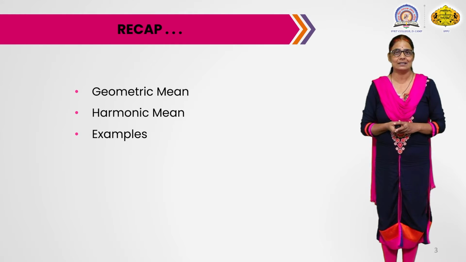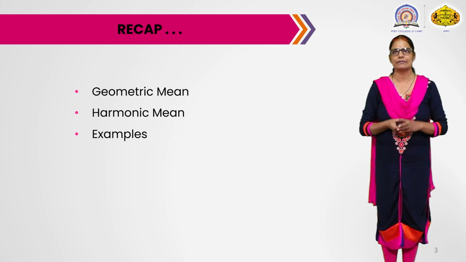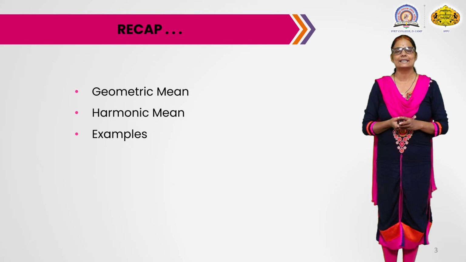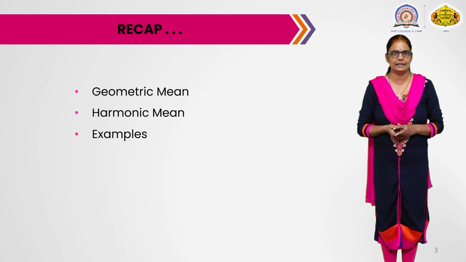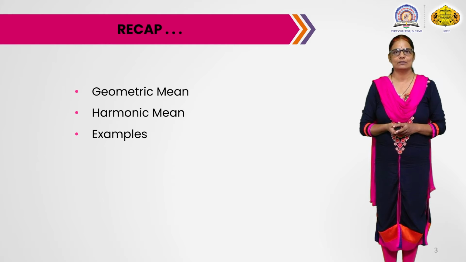Also we studied the harmonic mean. The definition of harmonic mean for two numbers is twice AB upon A plus B, or it can be written as 2 upon (1 upon A plus 1 upon B).